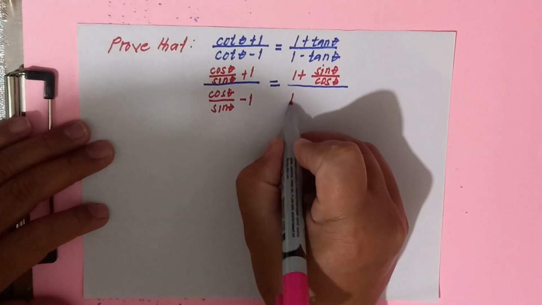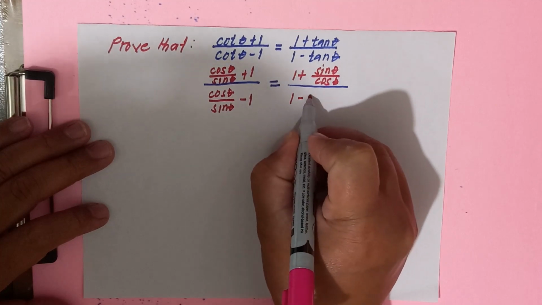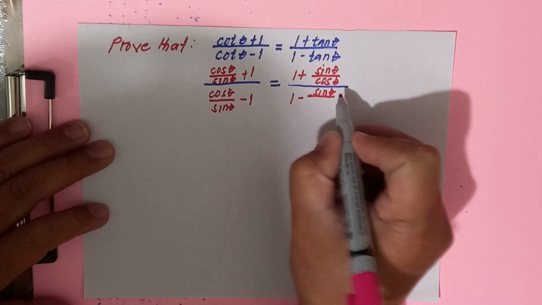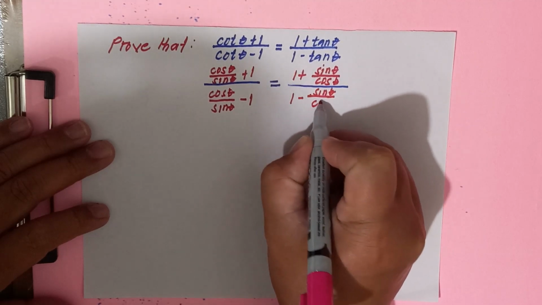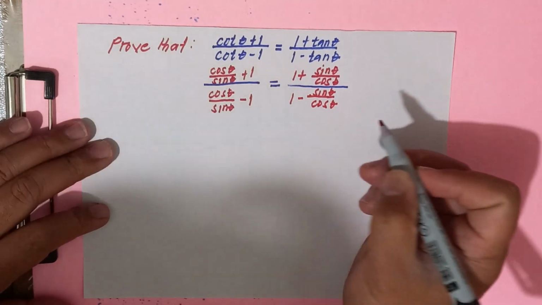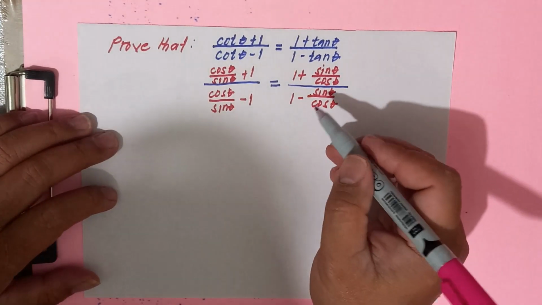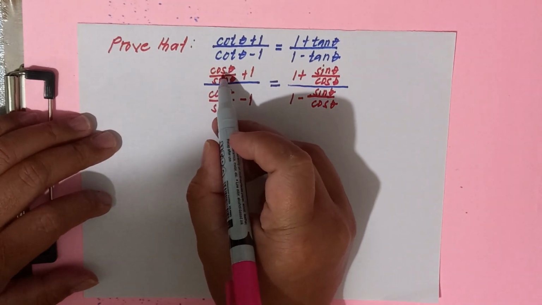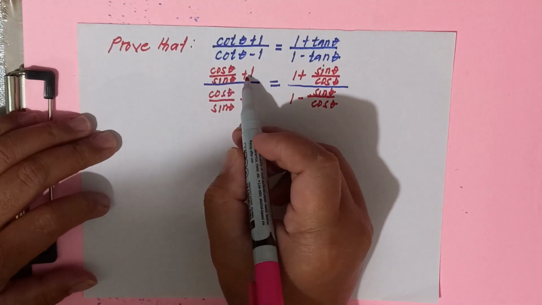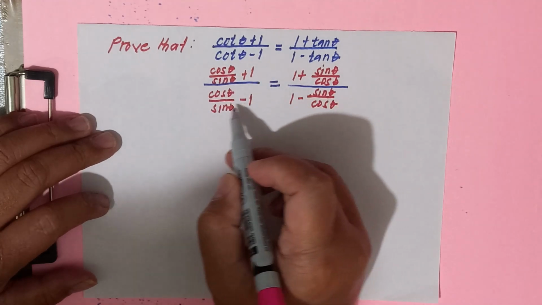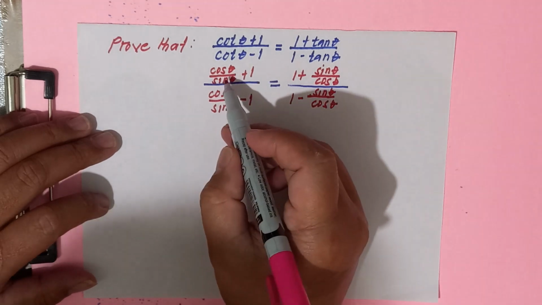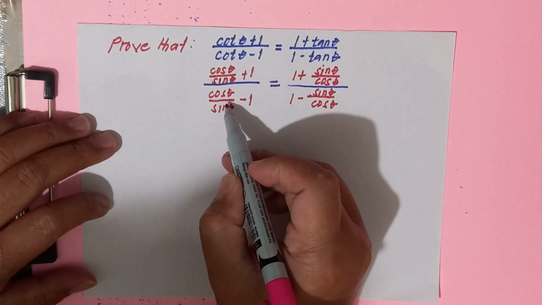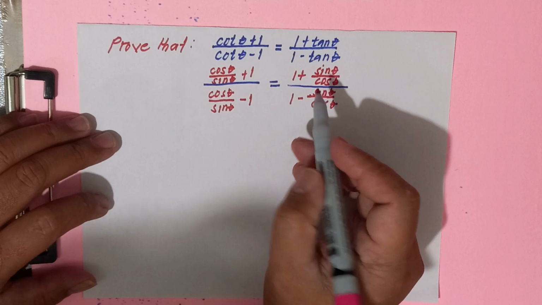That is the same as 1 minus sine theta over cosine theta. Now, after doing this one, notice that we have to add the numerator, that is cosine over sine theta plus 1, and we have to subtract also in here. Now, that is the same as saying addition of a whole number and a fraction, subtraction of a whole number and a fraction, the same as at the other side.